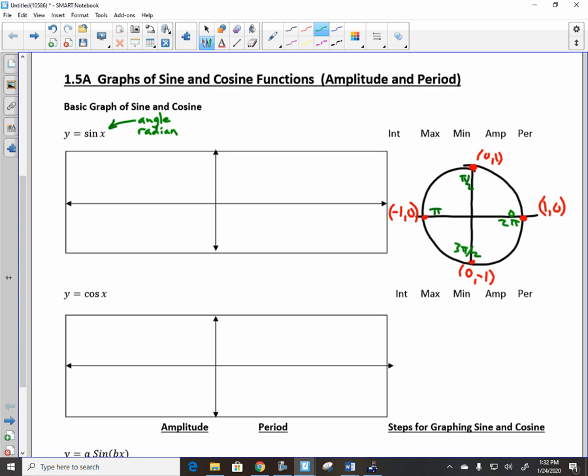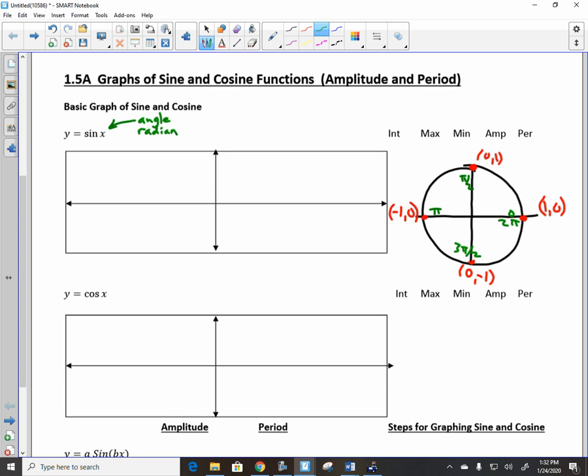It gets smaller. It goes to 0, right? And then it goes smaller to -1. Then it goes from -1. Yeah, so look, sine goes from 0 up to 1. Then it goes from 1 down to 0. Then it goes from 0 down to -1. Then it goes from -1 up to 0, right? And that's what we're going to show.